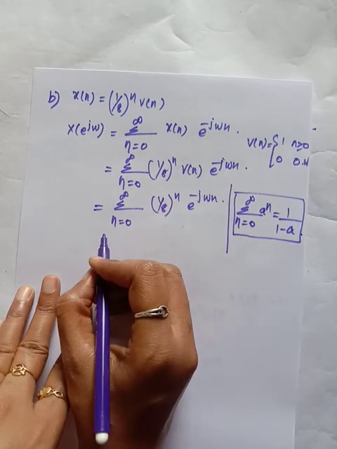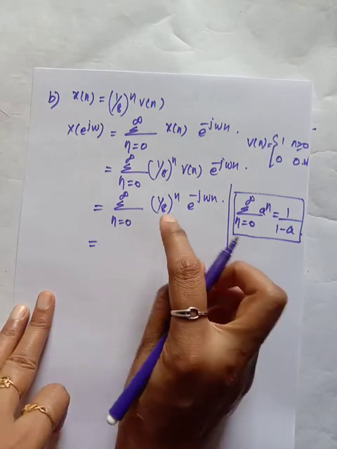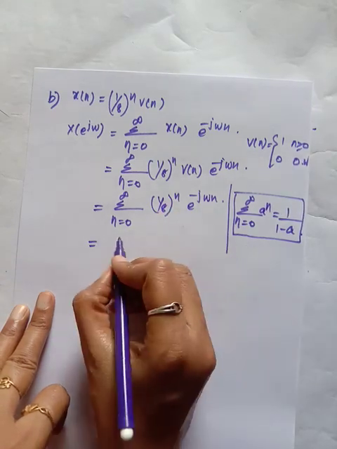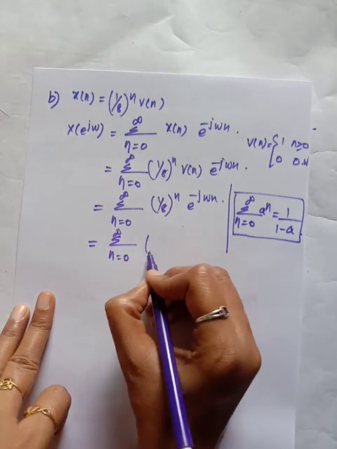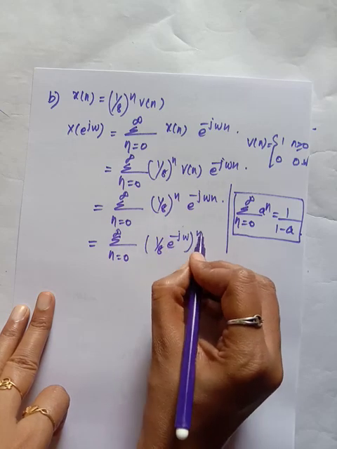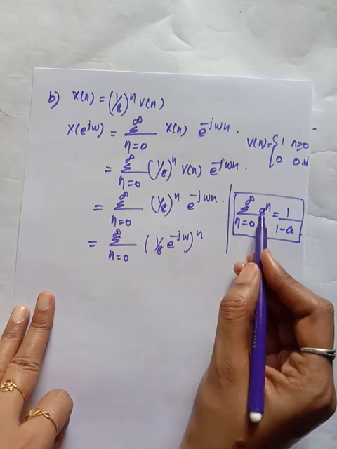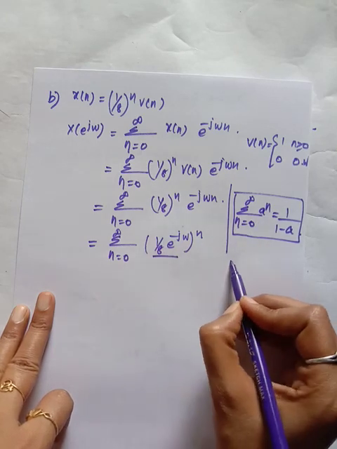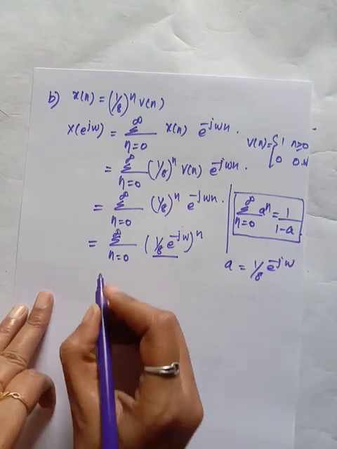Okay, so now here what I am going to do is apply the formula, but here I am having two terms, so I am going to write it as a single term so that I can take the value for a. So e power minus j omega the whole power n. Now this n is common, right? So now for a, what is the a value? Now 1 by 8 e power minus j omega is your a.